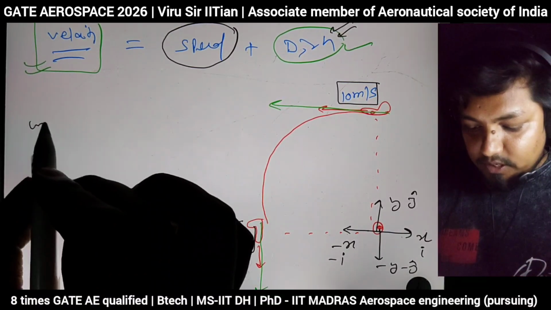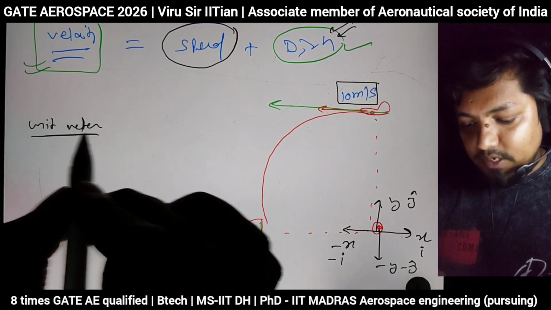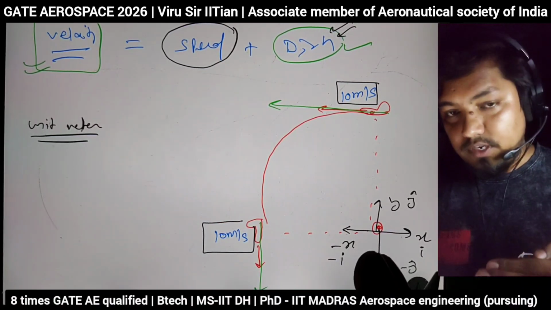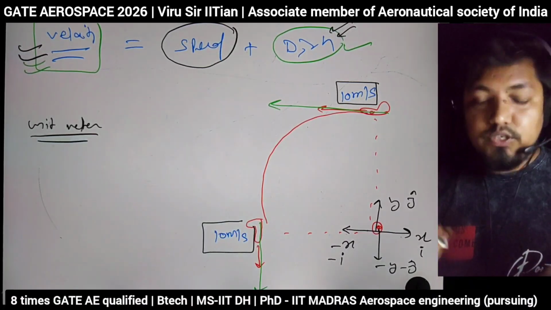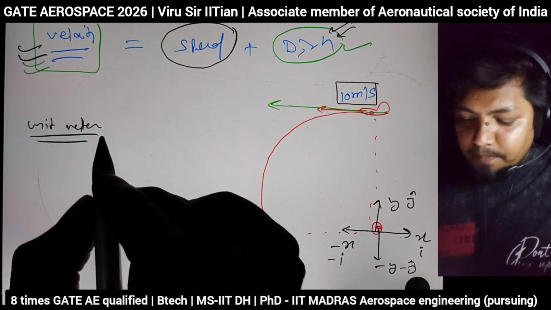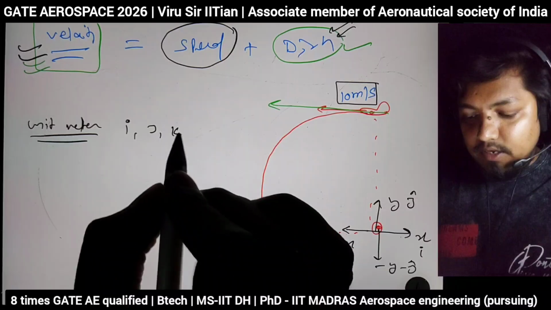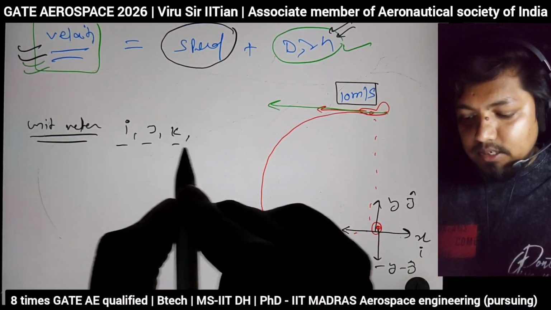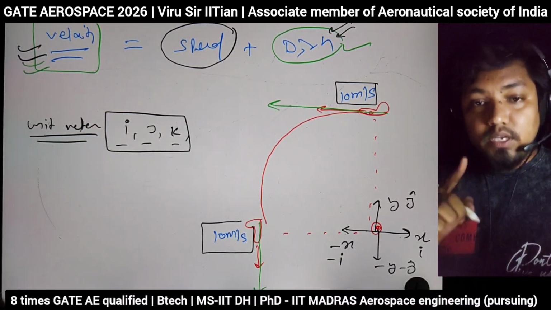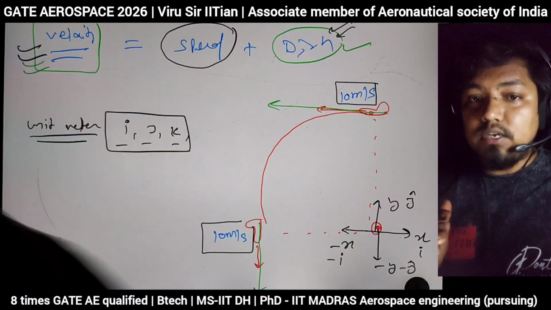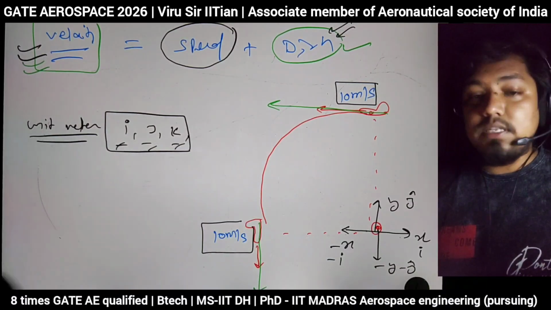So here one small concept, what is a unit vector, because without this it is difficult to explain this question. Guys, unit vectors we define as i, j, k. These three unit vectors we use if we have fixed directions, i, j, k meaning x, y, z.